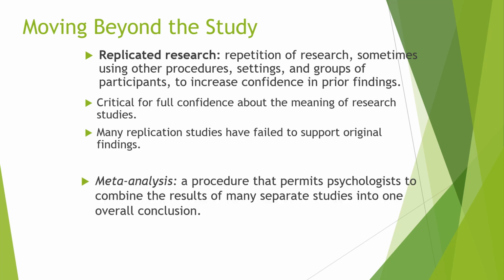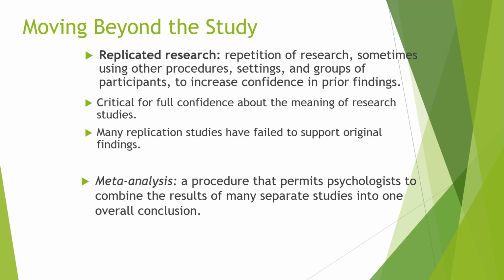Sometimes you may do what is called a meta-analysis. A meta-analysis is kind of like archival research in a sense, but it's where you look at a bunch of other research that's been done on a topic in order to find some sort of overall conclusion. So let's say that I'm going to conduct a research study, right?